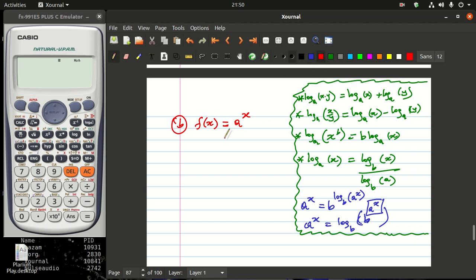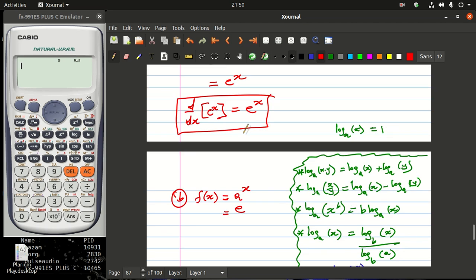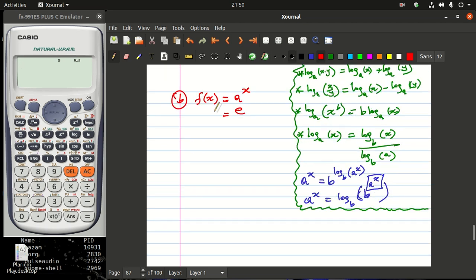which means now we will end up having this function is the same as e. Why am I changing this to e? Because I already know the derivative of e. So I have e raised to log base e. Take note that this base here must be the same as that. So since I have an e, I must have an e there, and then I will end up having a to the power x.